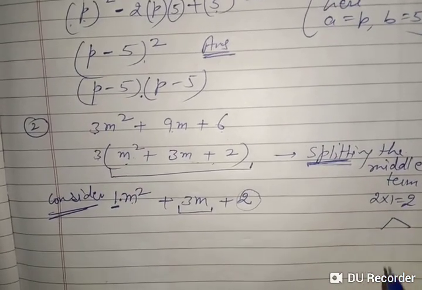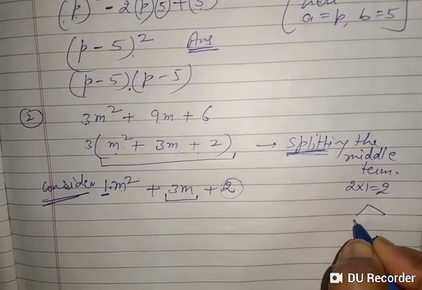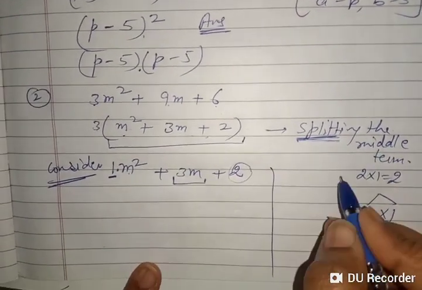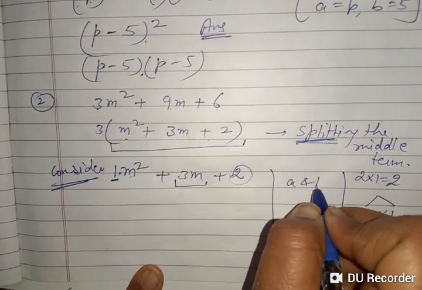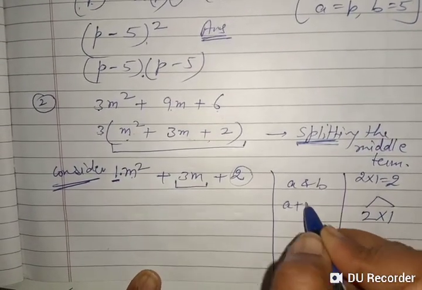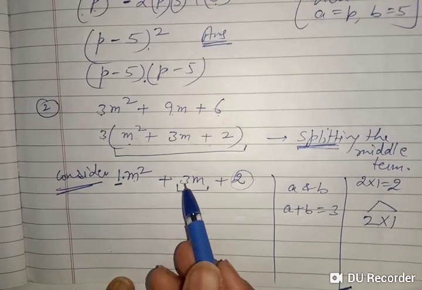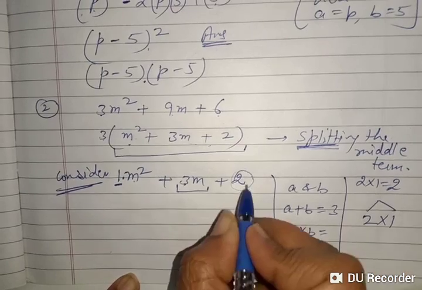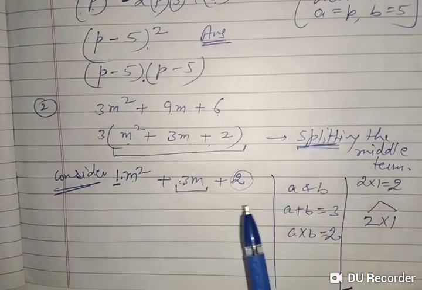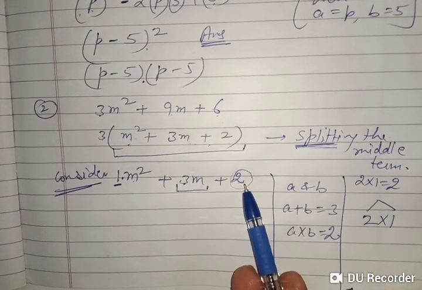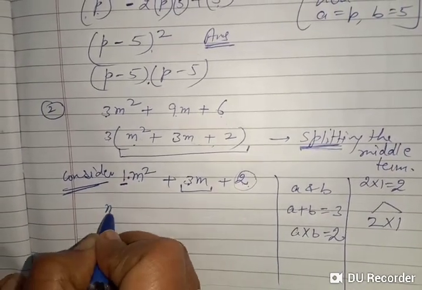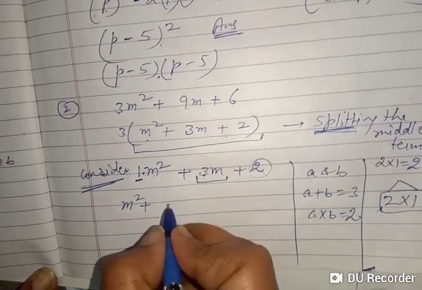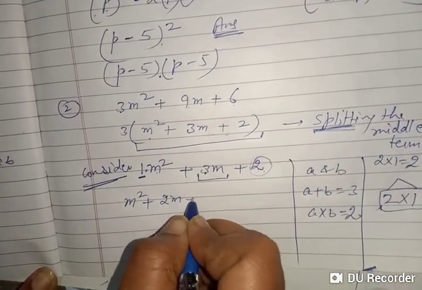Find out its factors. Its factors is only one factor, 2 multiply 1. Means we need to find out two numbers a and b such that a plus b should be 3. Sum should be this and product should be 2. Product should be the multiplication of these two. So we can write this as m square plus, in place of 3 we can write 2m plus 1m.